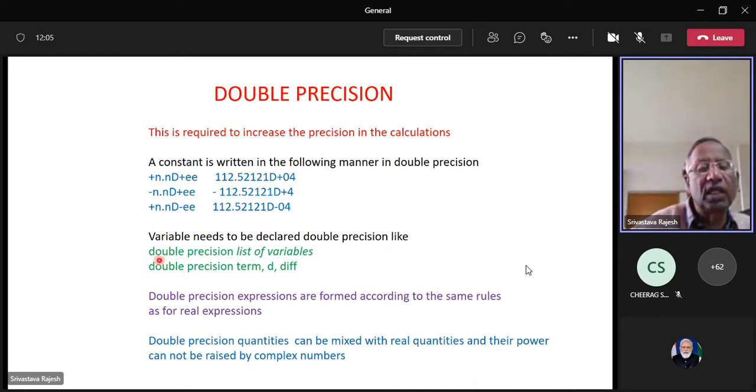So you have to declare, like you declare real, double precision, then list of variables. Like I say, double precision, term, D and diff. These three variables should be used as double precision in the calculation.